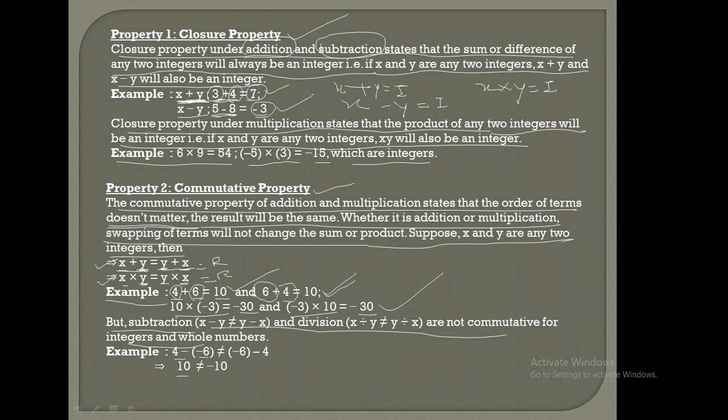But when we change the order, I will write 4 at the first position and minus 6 at the second position. When we add these two numbers, first of all we have to open the bracket, and after opening the bracket it will come minus 6, and minus 6 and minus 4 it will come minus 10. So here 10 and here minus 10, so both are not equal, so it does not follow.